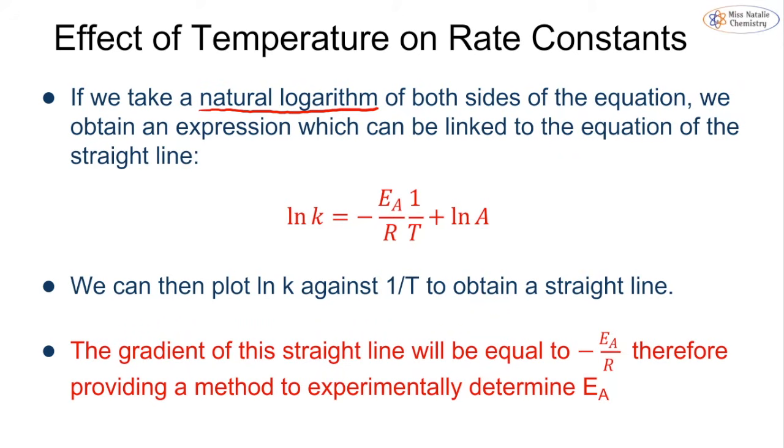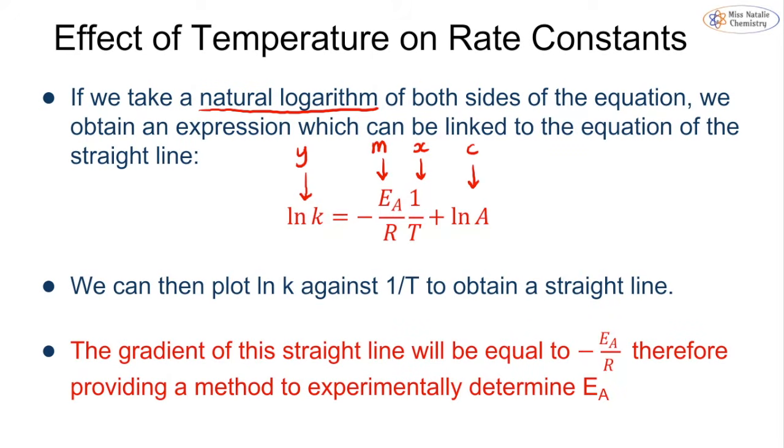So we get this expression here, and we can link each of these. So that is y, this is m, that's x, and this is c. Because we can link it to the equation of a straight line, we can plot a graph, and then we can determine key information using that graph.